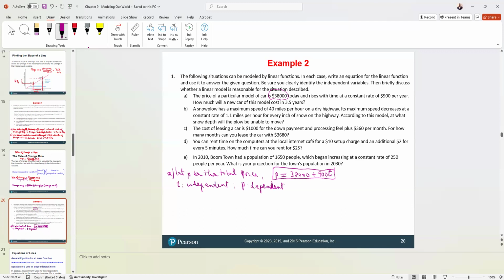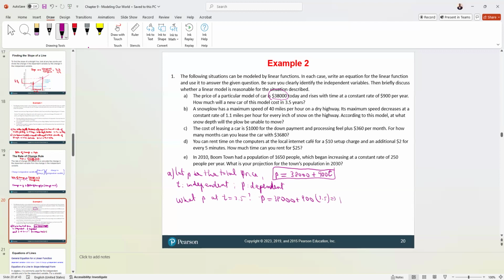So the question they ask us to answer: how much will a new car of this model cost in 3.5 years? So remember, what is P at t equal 3.5? Remember, we have the function already. So we're going to have P equals 38,000 plus 900 times t, which we now know is 3.5.